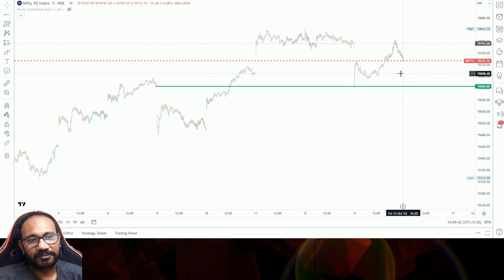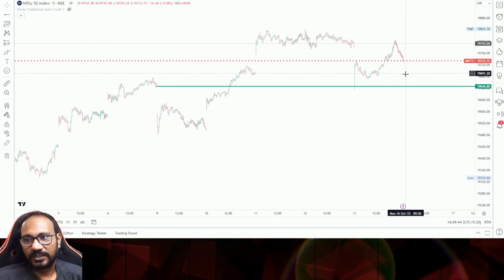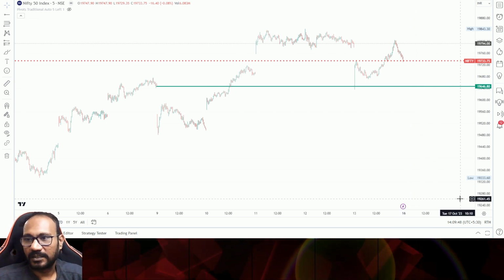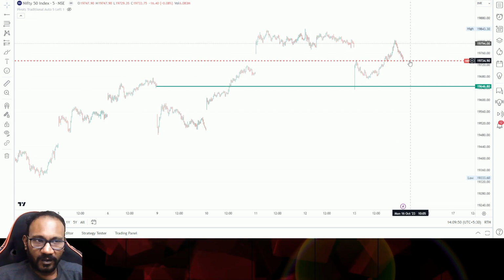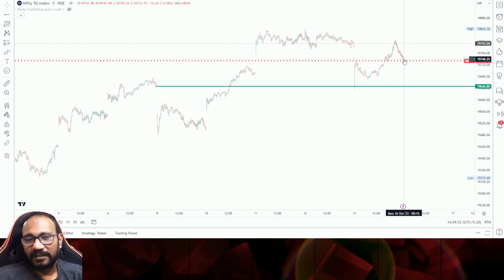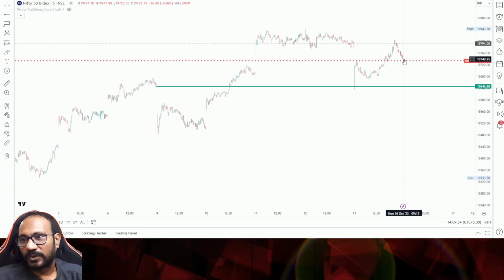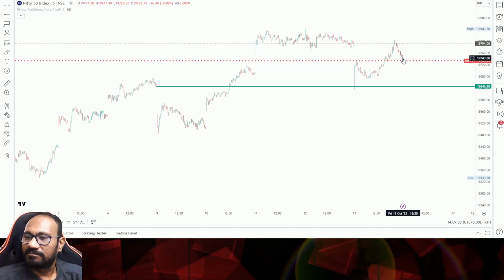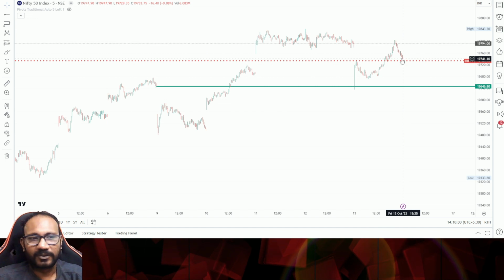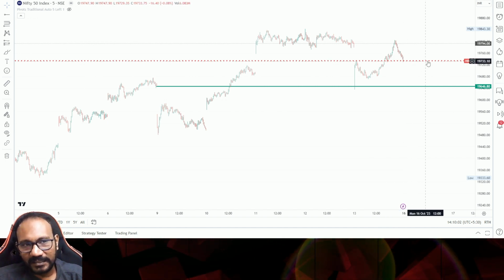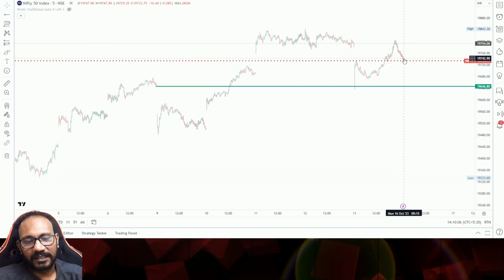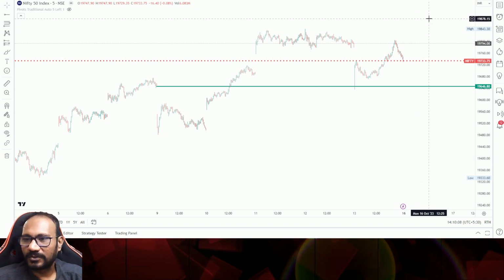So maybe if it's perceived to be a war situation and it gets more intense, then we might see a crash. Or if the market perceives this to be a very local thing and things don't get escalated, then probably the market might maintain a tight range, or it might slightly continue to go higher as well.